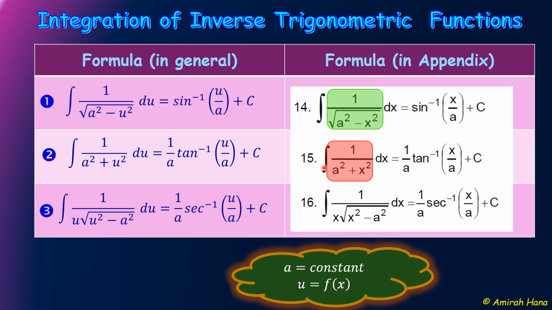Formula number 15 is similar to formula number 2, but the symbol is x; in general, we better use u, because u means any function in terms of x. Formula number 16 is similar to formula number 3, but the symbol is single x, and in general we use u because u means any function in terms of variables.